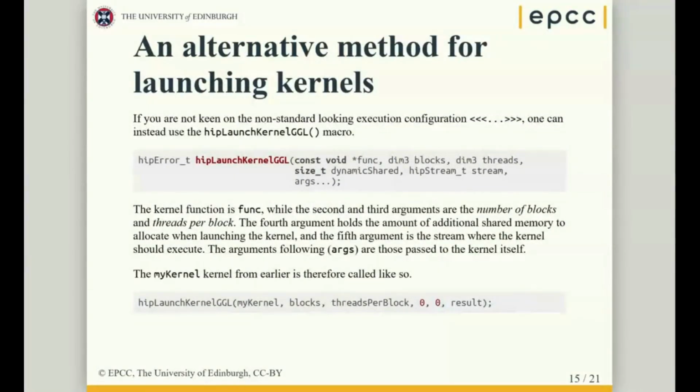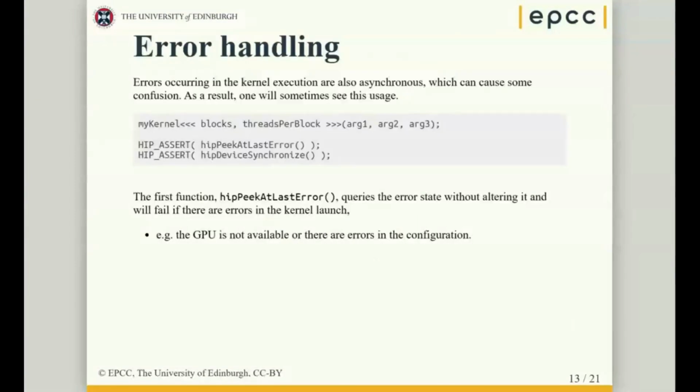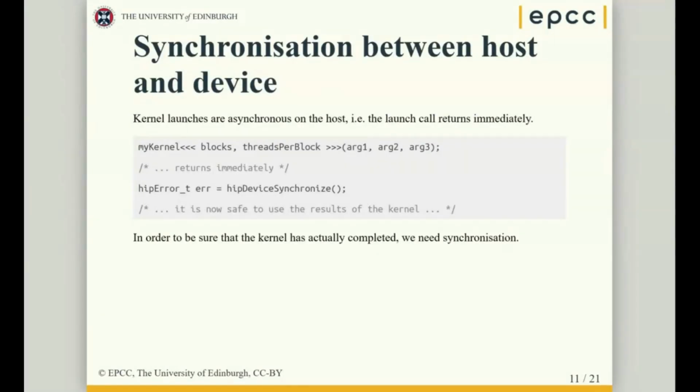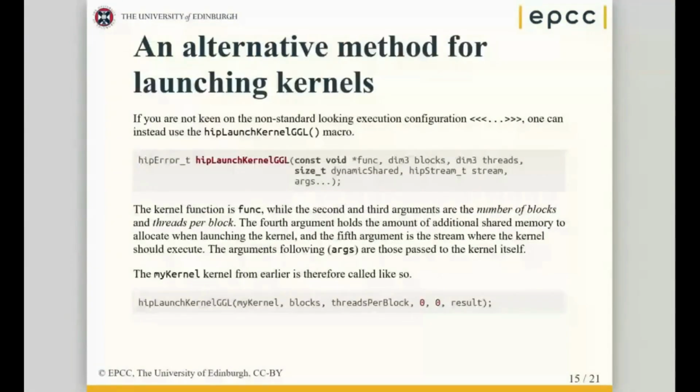This is another way of launching a kernel. We have seen the previous one, that was this one. But if I want to use a function, I can use this function, hip launch kernel ggl.